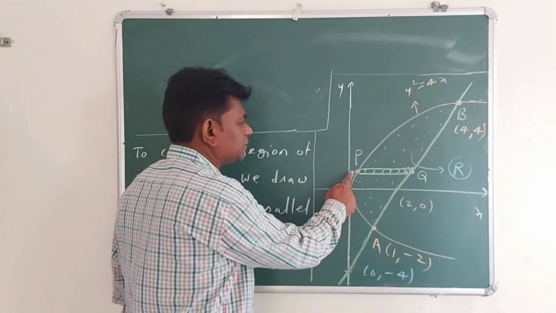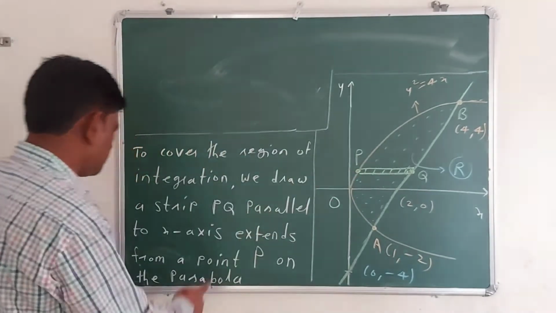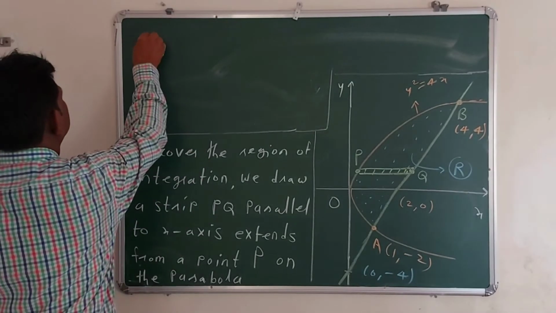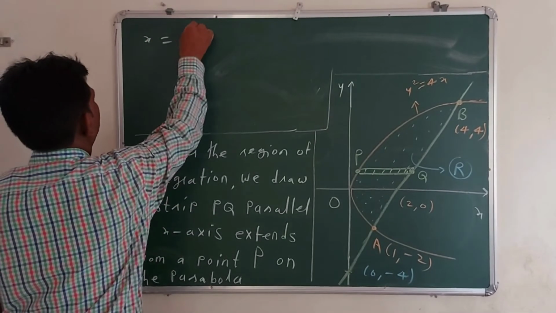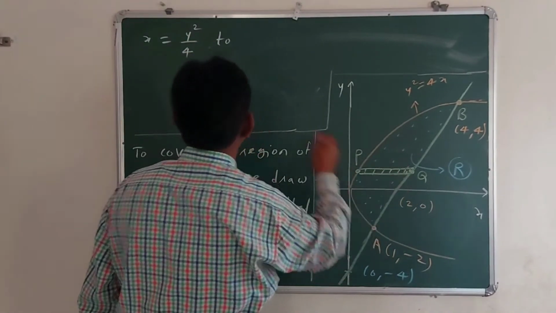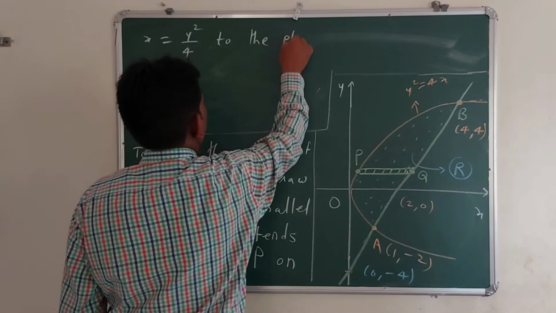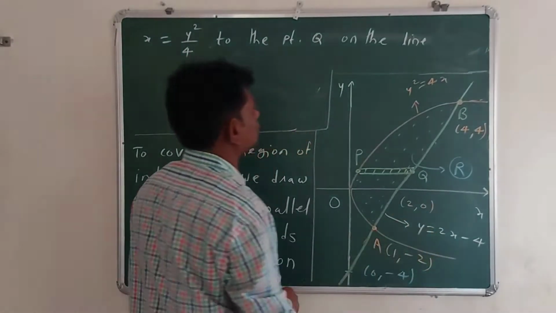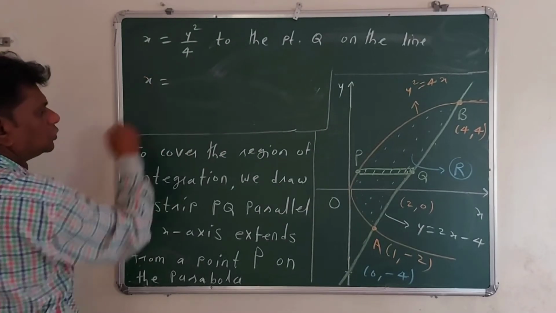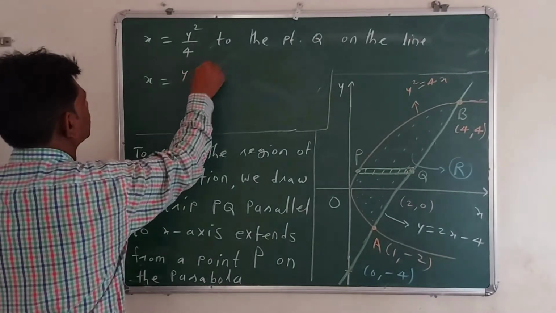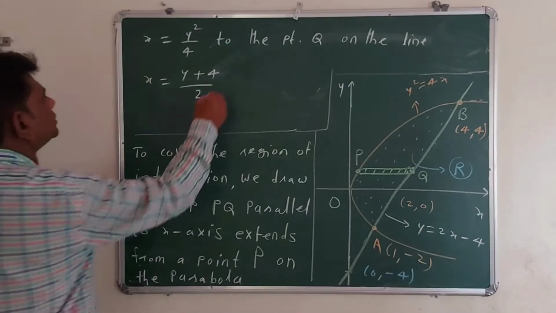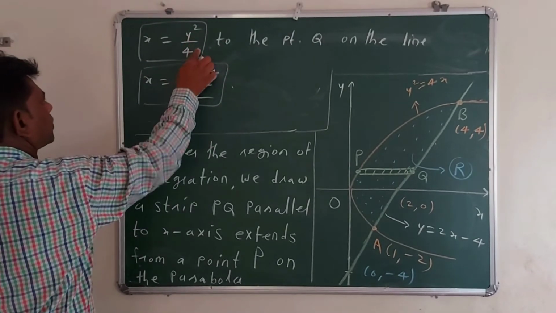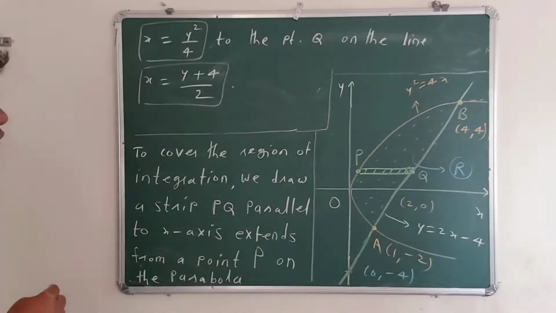This strip PQ extends from the point P on the parabola y square equal to 4x, that is x is equal to y square by 4, to the point Q on the line y equal to 2x minus 4, that is x is equal to y plus 4 by 2. So these are the limits of x. Here x varies from y square by 4 to y plus 4 by 2.